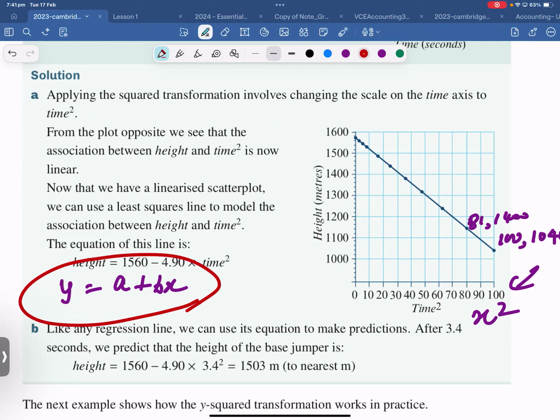What are the variables you are going to use? Instead of x, you are going to use x squared and y, using the CAS.